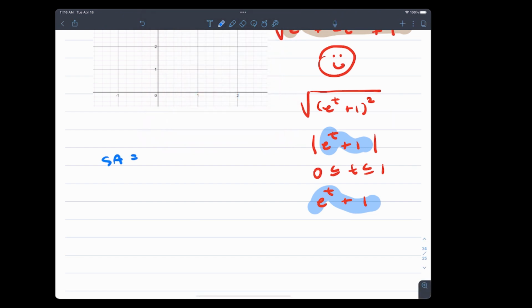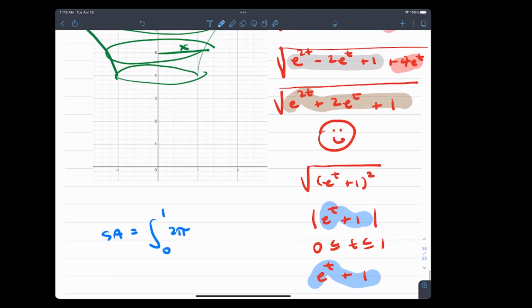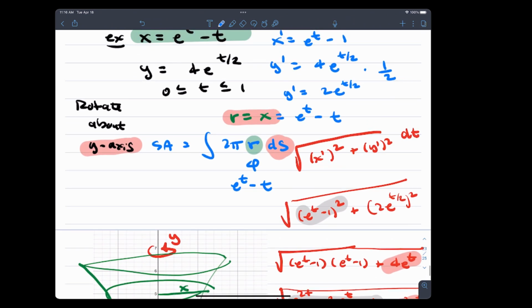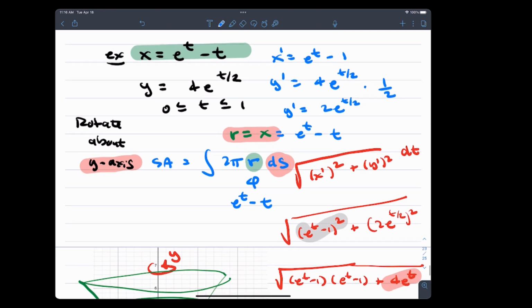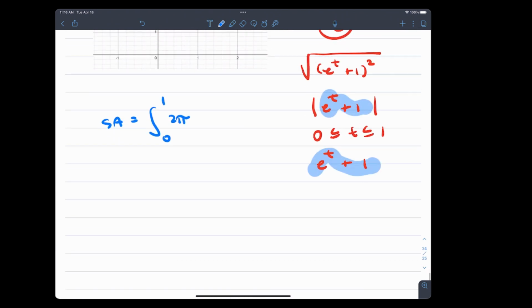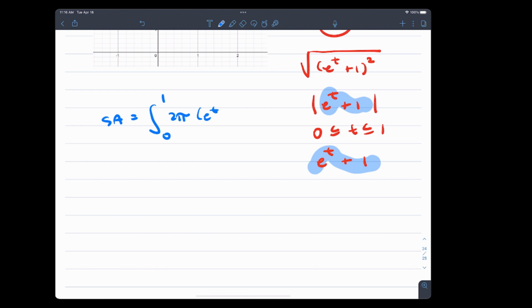Surface area, integral. t goes from 0 to 1, 2π r, not r, x. What is x? e^t − t. We knew that, right? e^t − t. But that's multiplied by e^t + 1 dt.